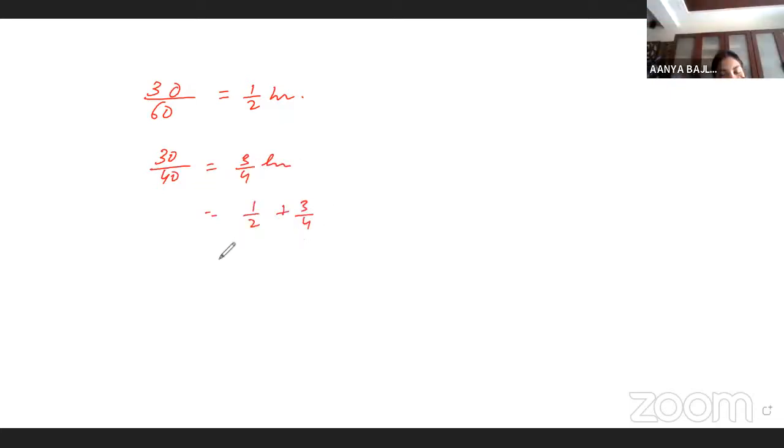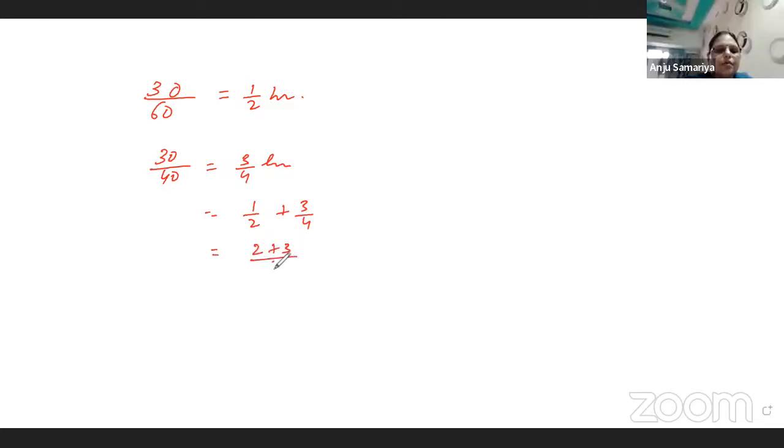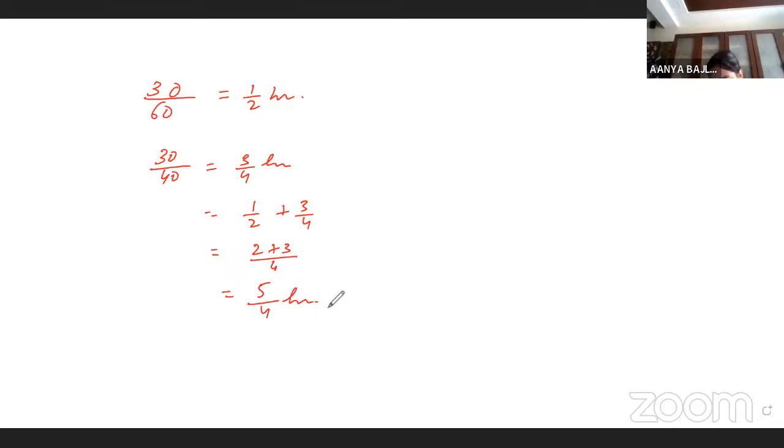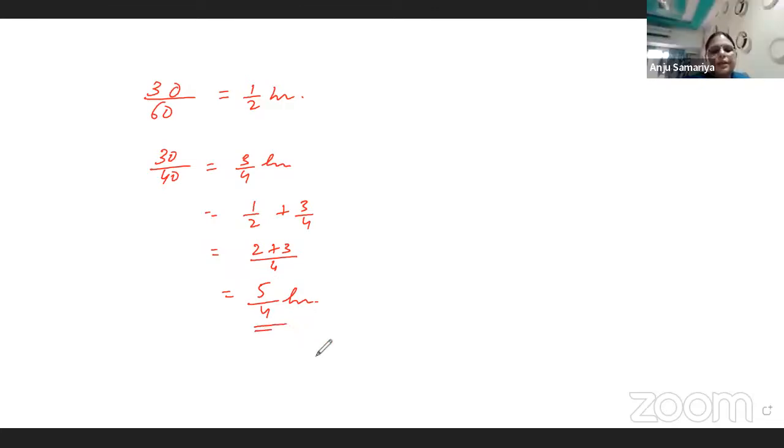So you have first half, so you have 30 kilometers upon 60, so you get half hour, right? And then the next one, you are getting 30 kilometers upon 40, so it is 3/4 hours. So in total, you get 2 plus 3 upon 4, so 5/4 hours, right? This is what you get.